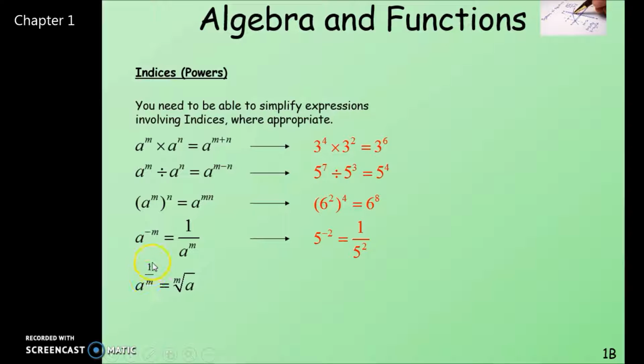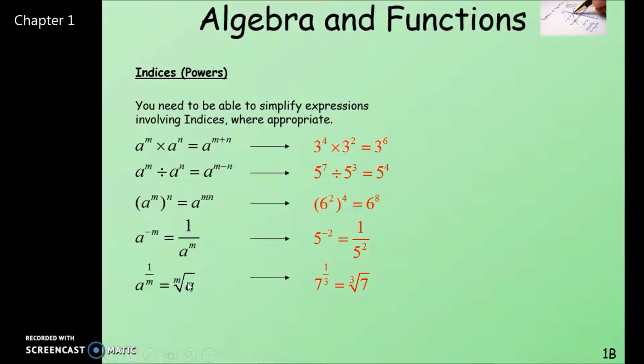So we're looking at what happens when you've got a fractional power. A fractional power, well, the number on the bottom of the fraction is going to be the root. So if you've got the power of a half, it would be a square root, or the power of a third, that would be a cube root. On this example, you've just got a general example here, so it's going to be the root of n.